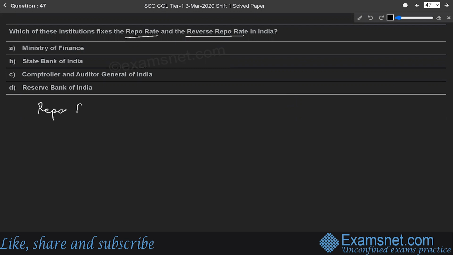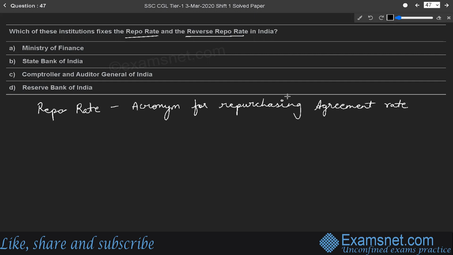So first is repo rate. Repo rate is an acronym for repurchasing agreement rate. It is also the rate at which Reserve Bank of India lends money to other banks in the country for a short term of time.